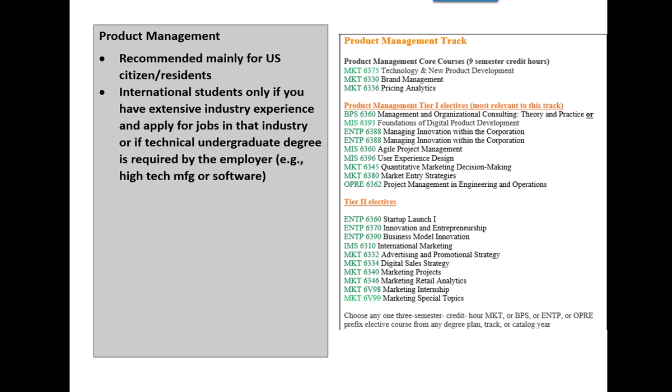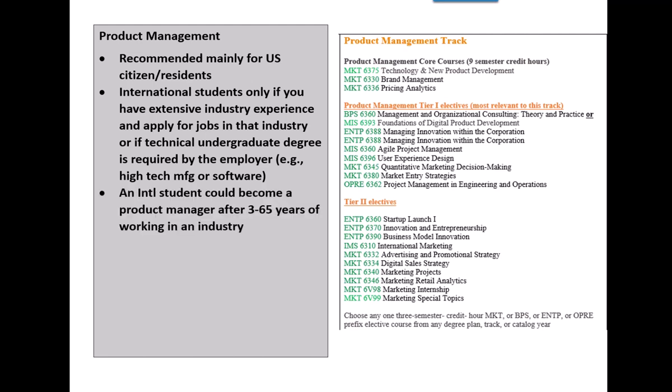You apply for a telecommunications company as a product manager and you have experience in telecommunications, that's a good combination, okay? An international student, however, could become a product manager after 3 to 6 years of working in an industry, okay? So, that is a possibility. Start out, as I mentioned earlier, in consumer insights, gain that industry experience, and then get into a product management role.